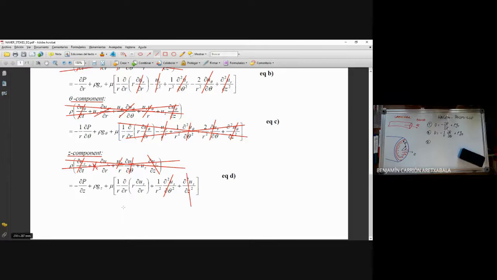So these terms remain. Okay, so the momentum equation with respect to z remains as 0 equals minus dp over dz plus mu times 1 over r times the derivative with respect to r of r times the derivative of uz with respect to r. Right?